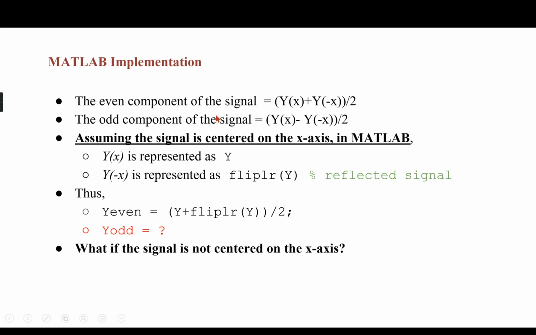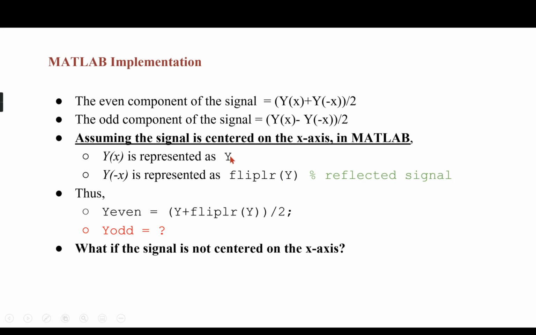So let's understand how we can implement them in Matlab. We said that y of x in Matlab is simply y, the variable y, and we can add as a comment, this is a function of x, or y of x. To get the reflected signal y of minus x, we have to call flipLR on y.